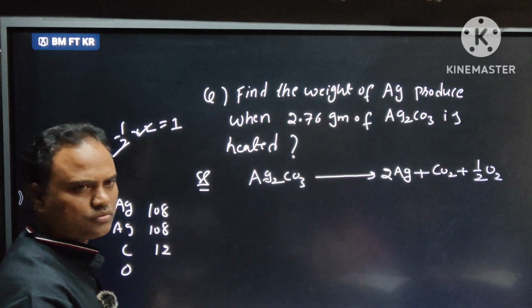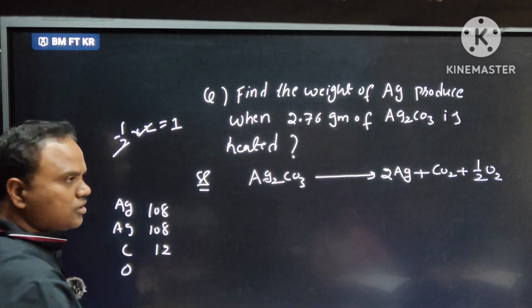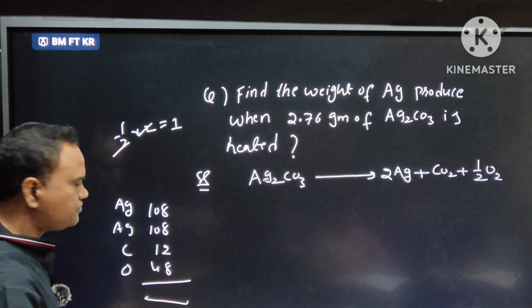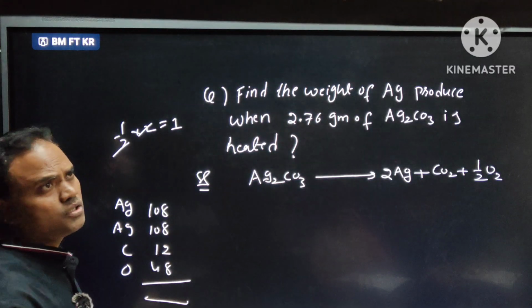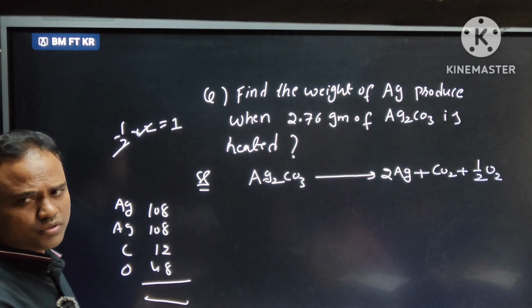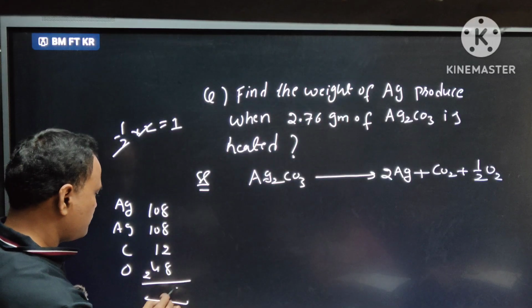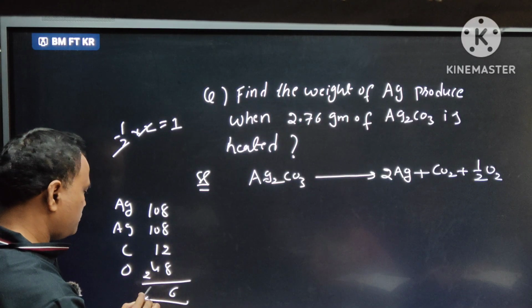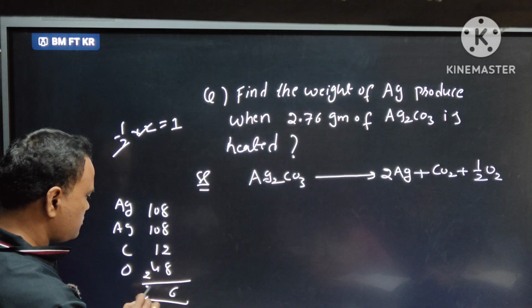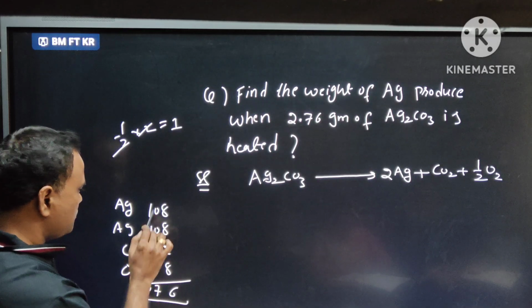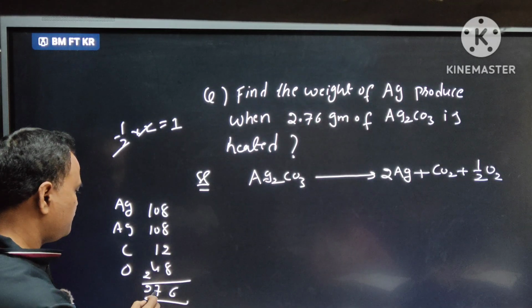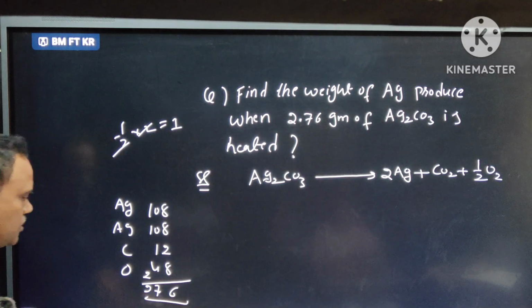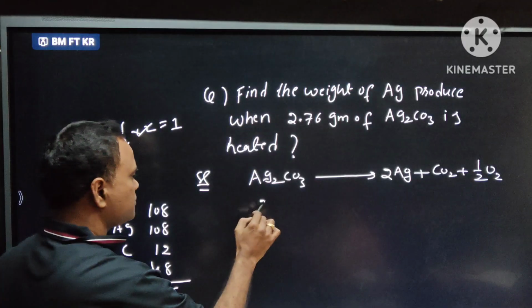How many oxygens? 3, and 1 oxygen is 16, so 48. Total: 216 plus 12 plus 48, that is 276.